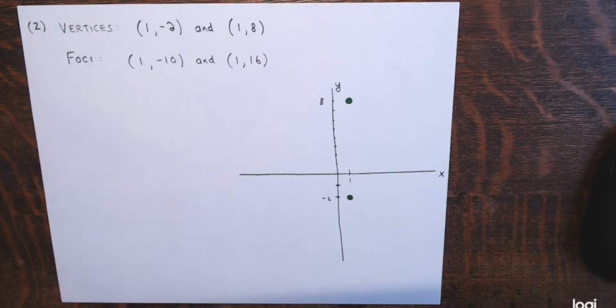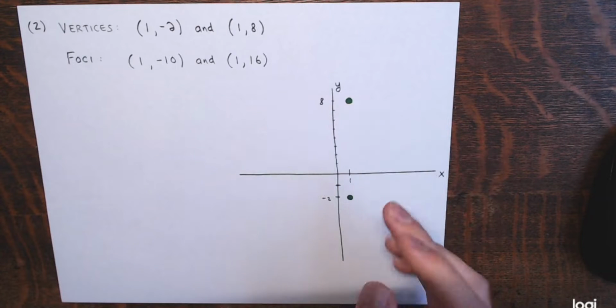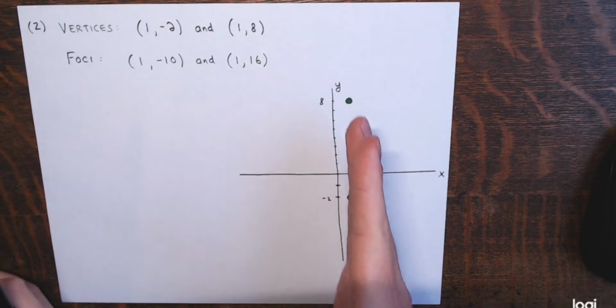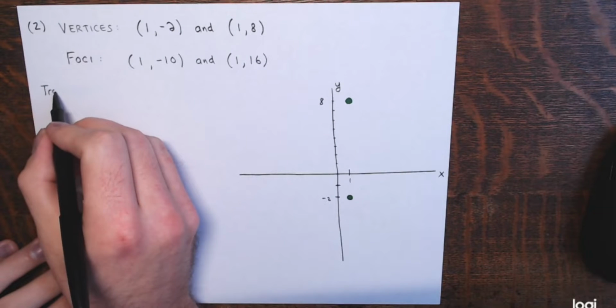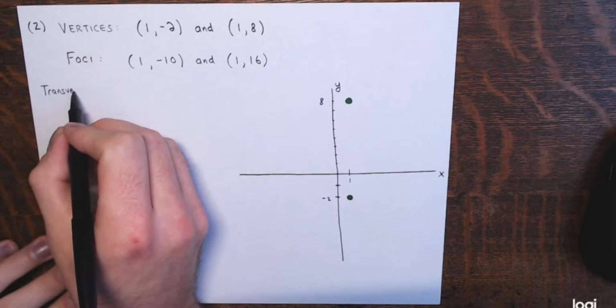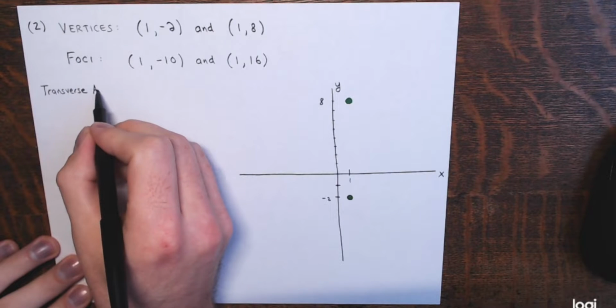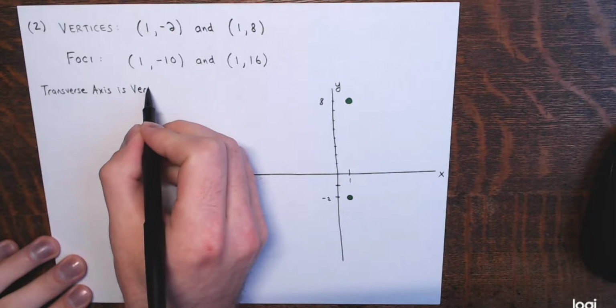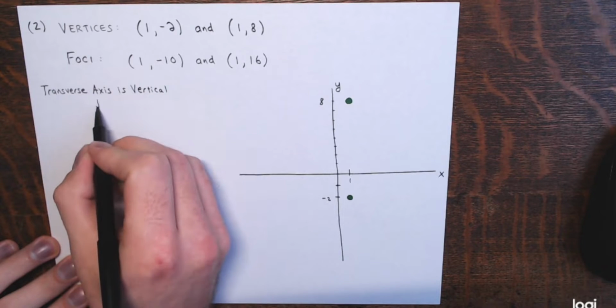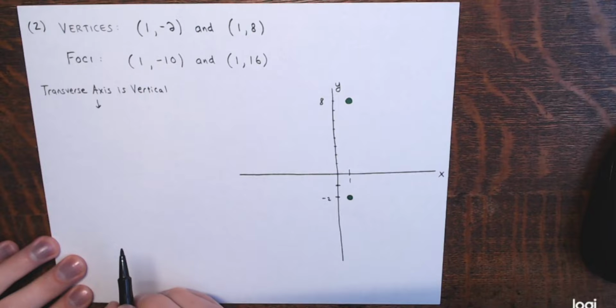So clearly, the transverse axis is vertical in this case, meaning that the equation I'm going to write is going to be the one that starts with y squared.